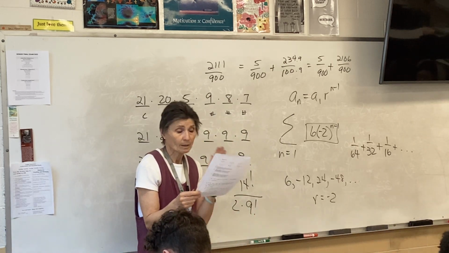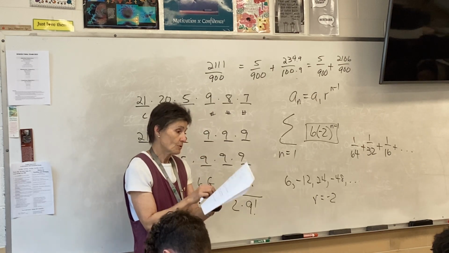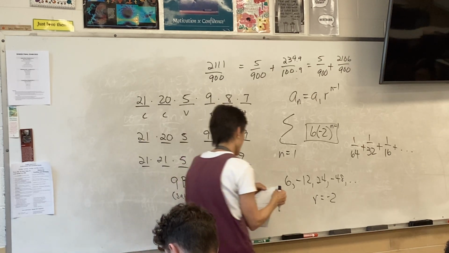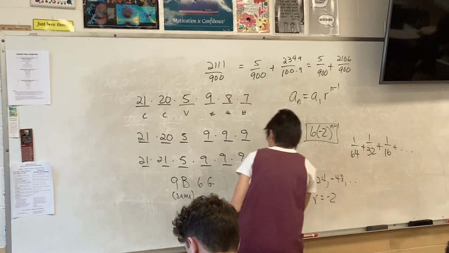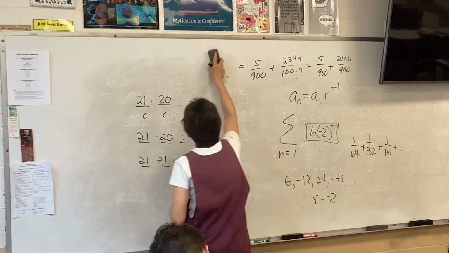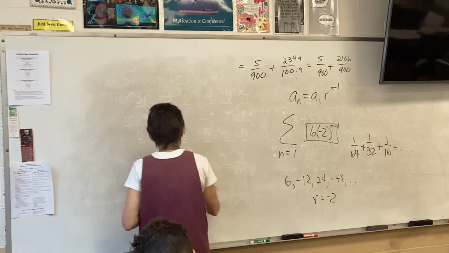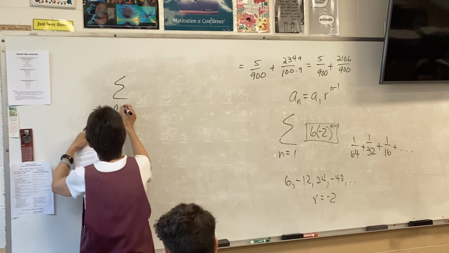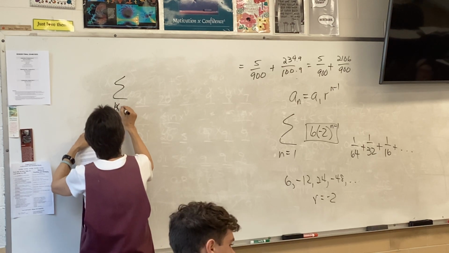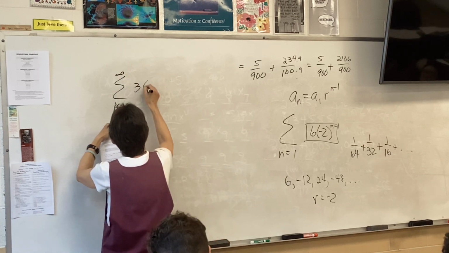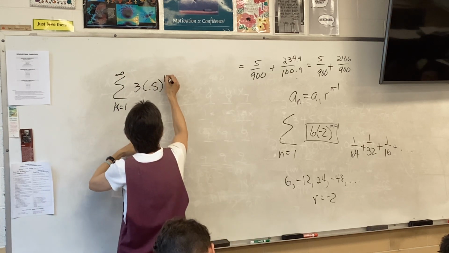Liam? 13C. 13C is a sigma, so what does a sigma always mean? Yoo-hoo! What does a sigma mean? It means sum, and this is going to be an infinite sum.